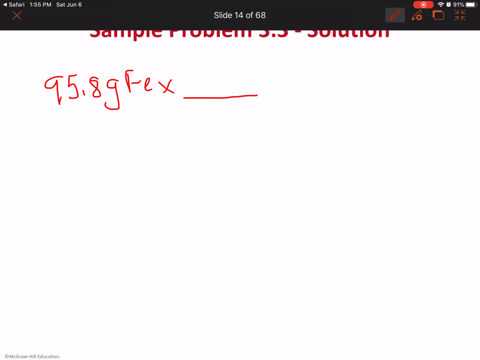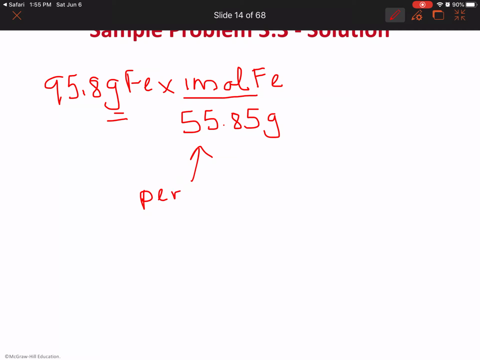Using the molar mass of iron. The molar mass of iron is 55.85. Since we have grams here, you're going to use it: 1 mole of iron is 55.85 grams. Now where do you get this 55.85? From your periodic table.